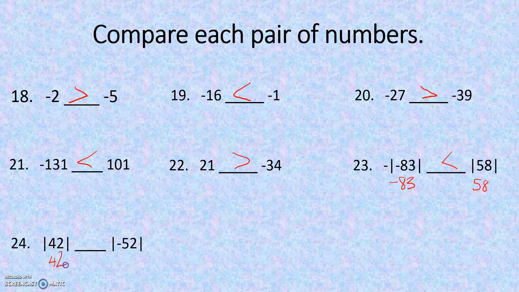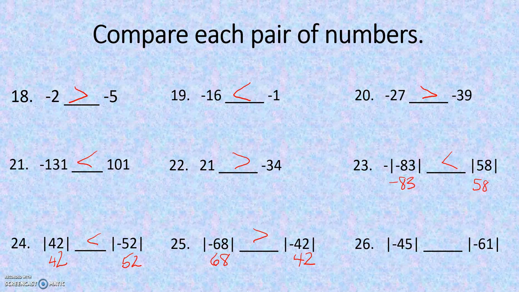Calculate the absolute values and write them below. 42 is less than 52. Greater than. 45 compared to 61 is less than.